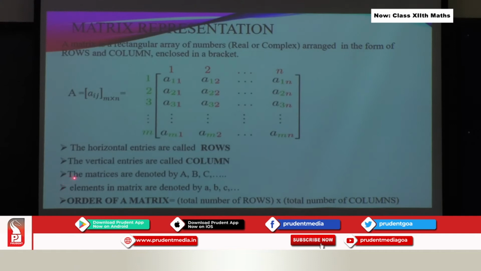Now if you look at the third note, the matrix is denoted by A, B or C. Whatever letter you take, see that the letter is capital when you denote any matrix. And the elements inside this particular bracket are denoted by small letters a, b, c, d, any letter from the 26 alphabets.